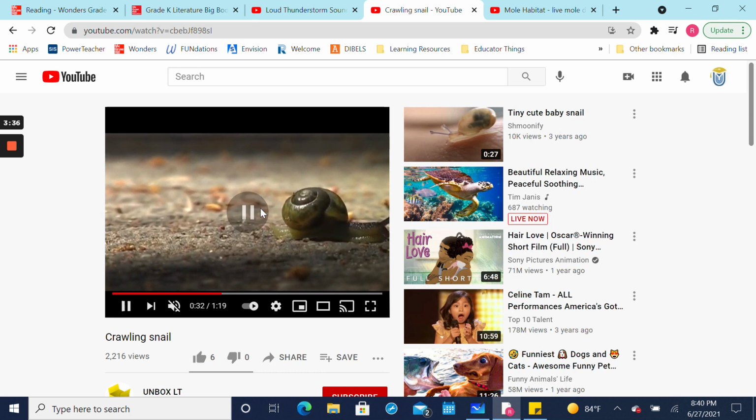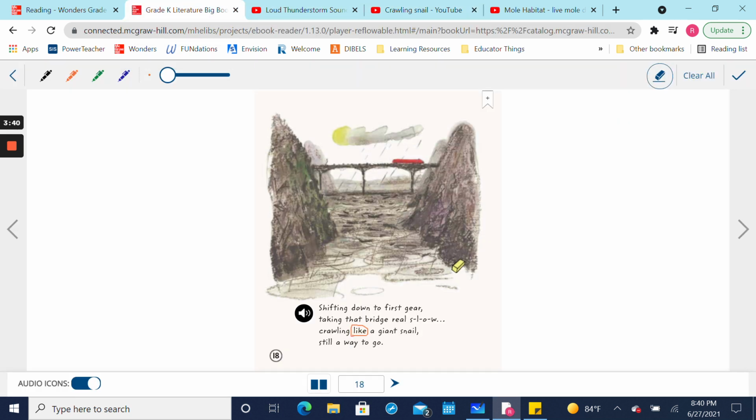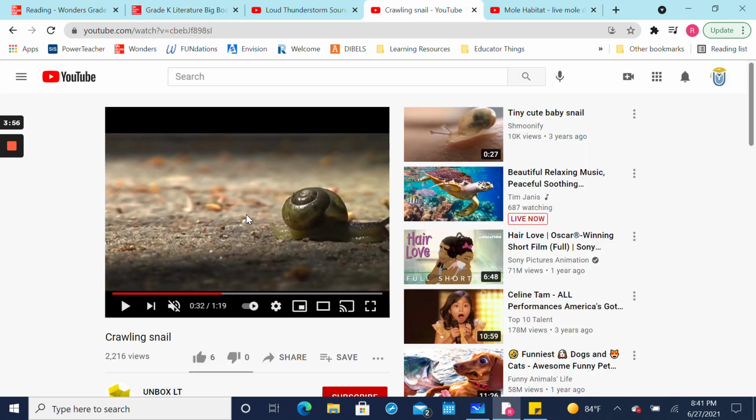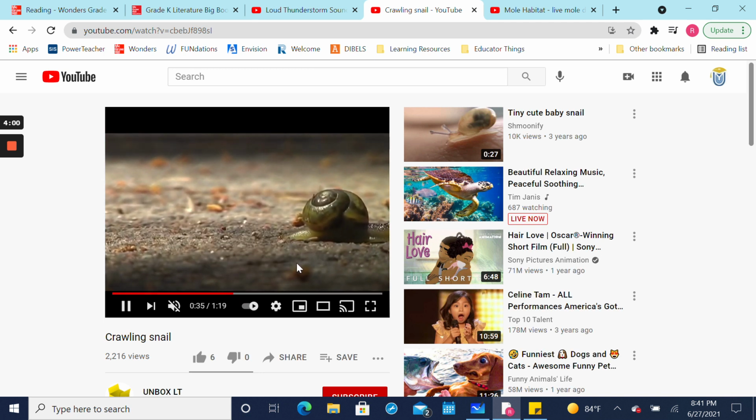And so we can use our context clues or use our background knowledge about a snail to help us understand that while Dad is on this bridge, he is crawling like a giant snail. And he's moving very slowly, just like the snail is in this picture.